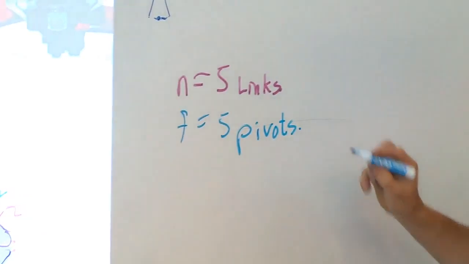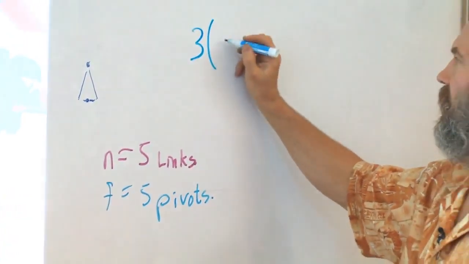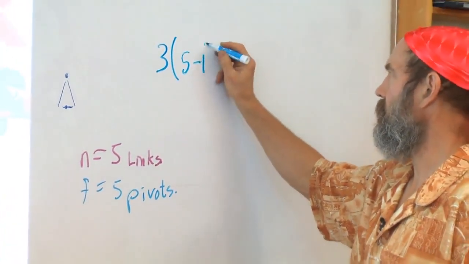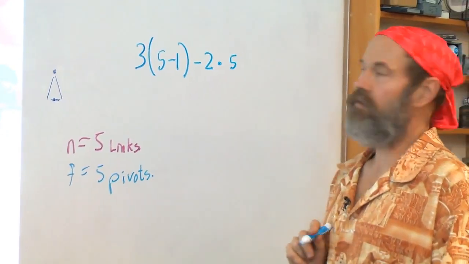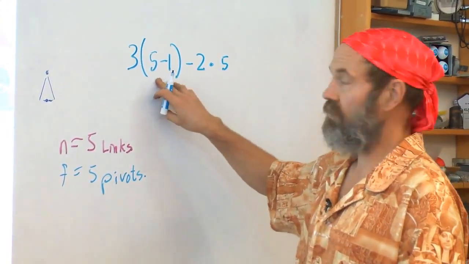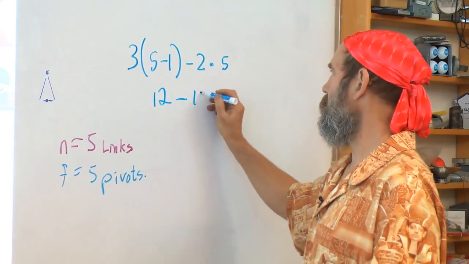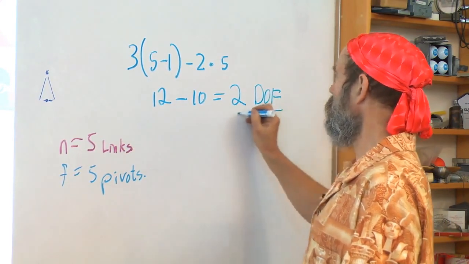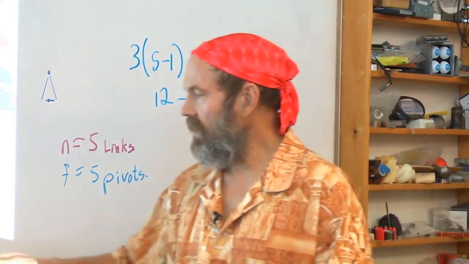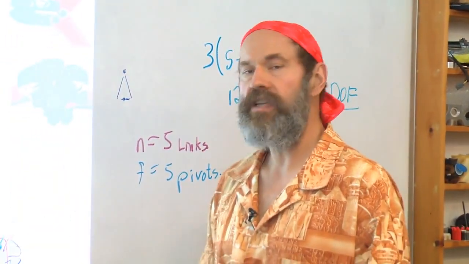What does Grubler's tell us? 3 times 5 minus 1, minus 2 times 5. What's that? 4 times 3 is 12, minus 10 equals 2 degrees of freedom. What are the degrees of freedom here?